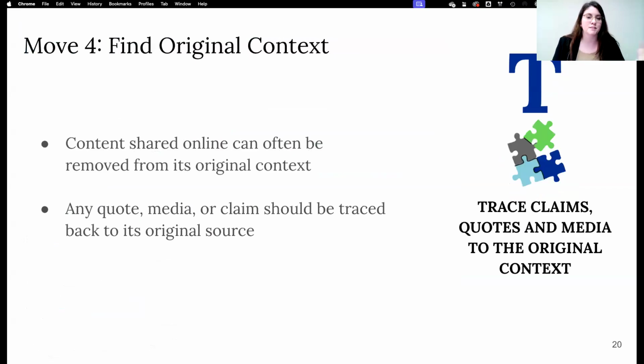So the final move is to trace claims, quotes, and media to the original context. So maybe there's a picture that has a caption and it's questionable. Perhaps you come across a video of people fighting. But what happened before that, the first part of the video clip, who started it, was anything else clipped out that may have been important for context, things like that.